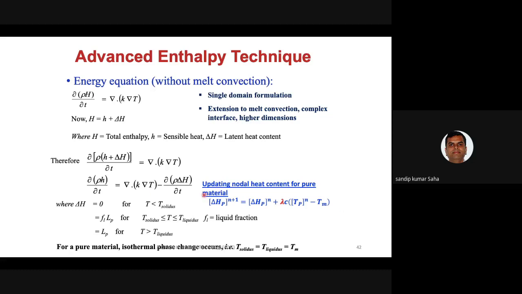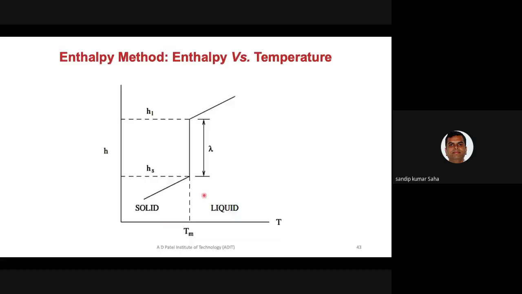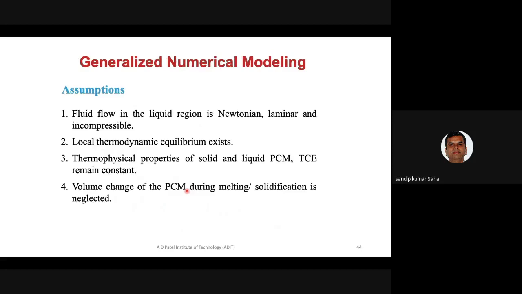And you have to solve this method iteratively. This is the main idea. And this is the profile for enthalpy versus temperature of any phase change. During the phase change, latent heat will come into the picture. Here it is only depicting. Now when we do the model, first understand, we have to assume a few things.